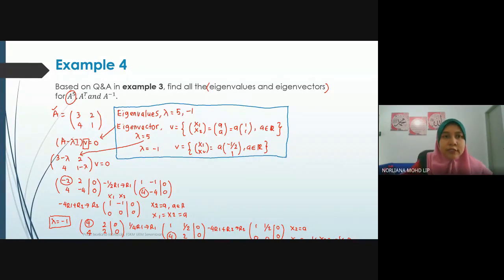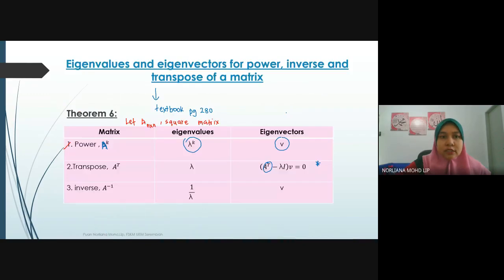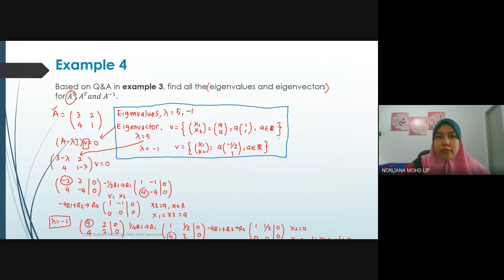Okay, so we want to find the eigenvalues and eigenvector for A to the power 5. For A to the power 5, we use theorem 6. The eigenvalues equal lambda to the power of k, and the eigenvector equals V, the original eigenvector for the corresponding eigenvalue.